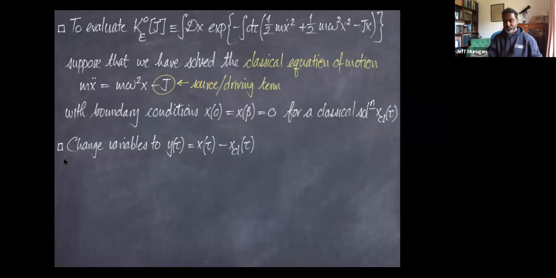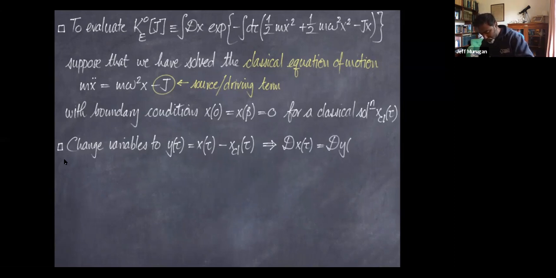So what you can see here is the y variables are fluctuations around the classical path. So I'm changing from my path that I'm interested in to rewrite the path integral in terms of fluctuations about the classical path. So the classical path optimizes the action, which means that the measure for my path integral, dx of tau, is the same as dy of tau.